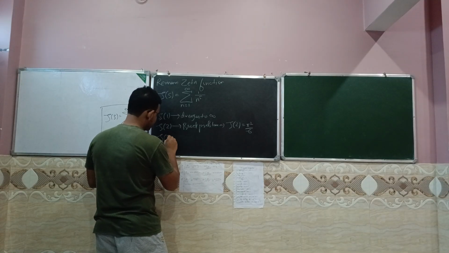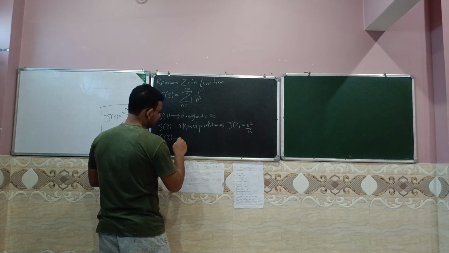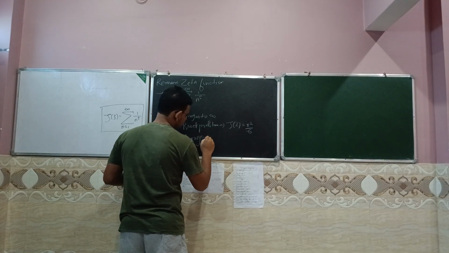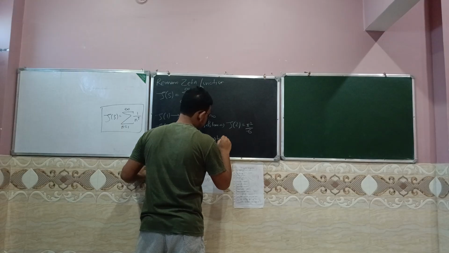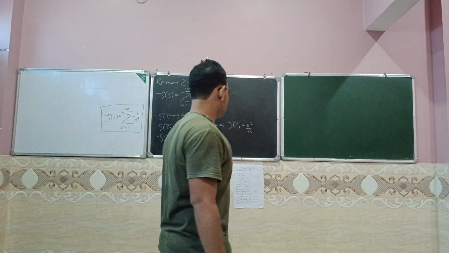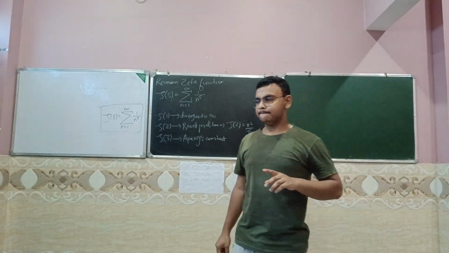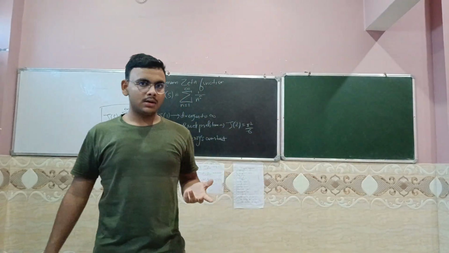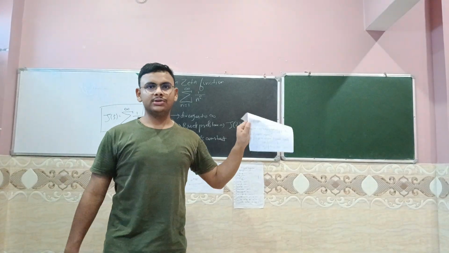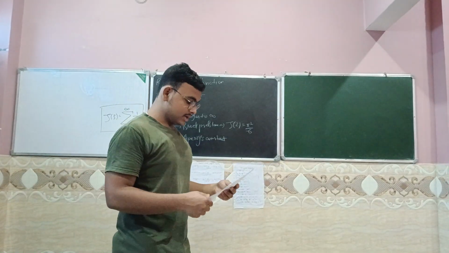Zeta of 3. Well, it's known as Apery's constant, but I'm just going to evaluate this in today's video. Maybe I'm wrong, but according to my solution, this is my handwritten solution of the zeta function, zeta 3.